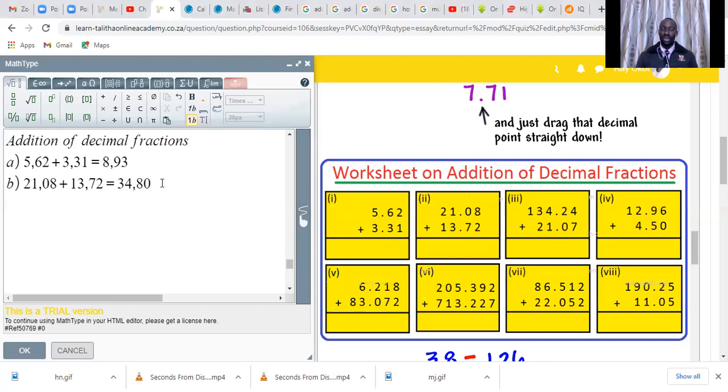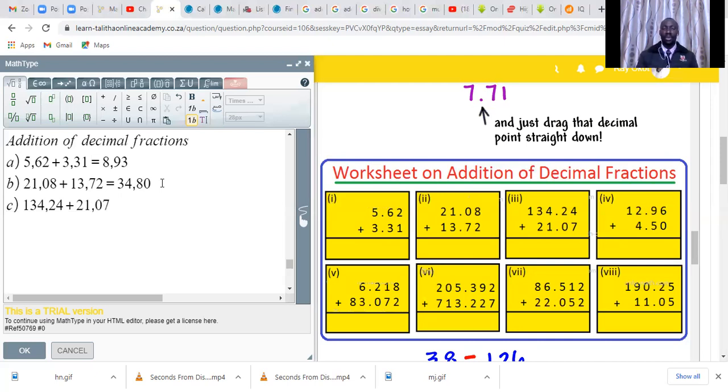The next question is part 3, this first activity. And so in this case, we are supposed to add 134.24. Adding it to 21.07. Question is, how do we add these two?